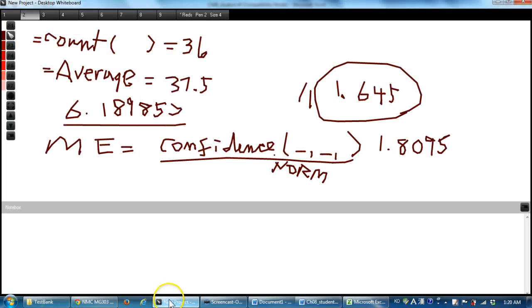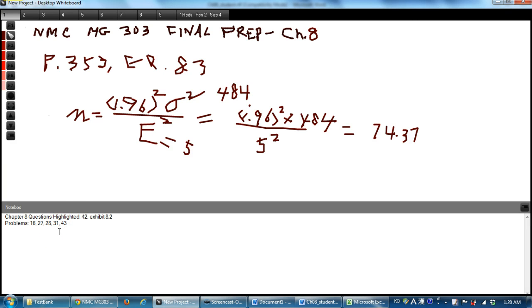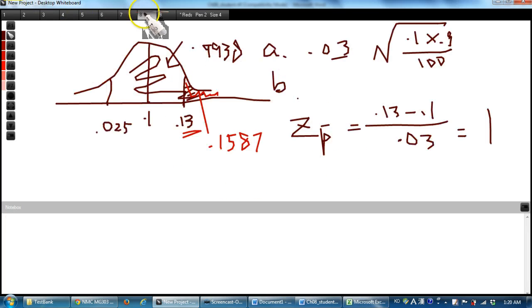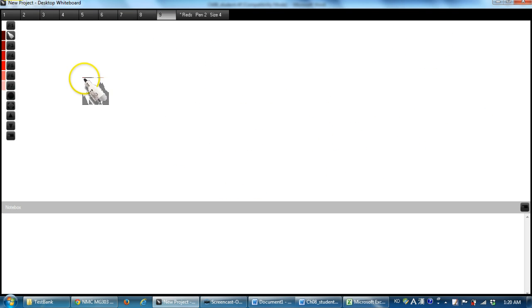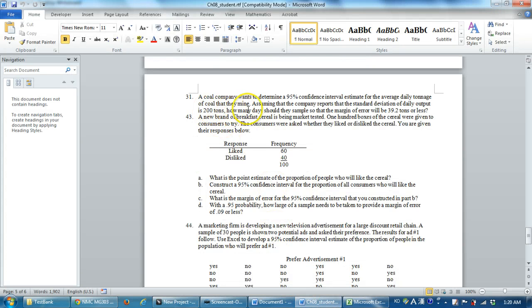Question number 31. A coal company wants to determine a 95% confidence interval estimate for the average daily tonnage of coal that they mine.